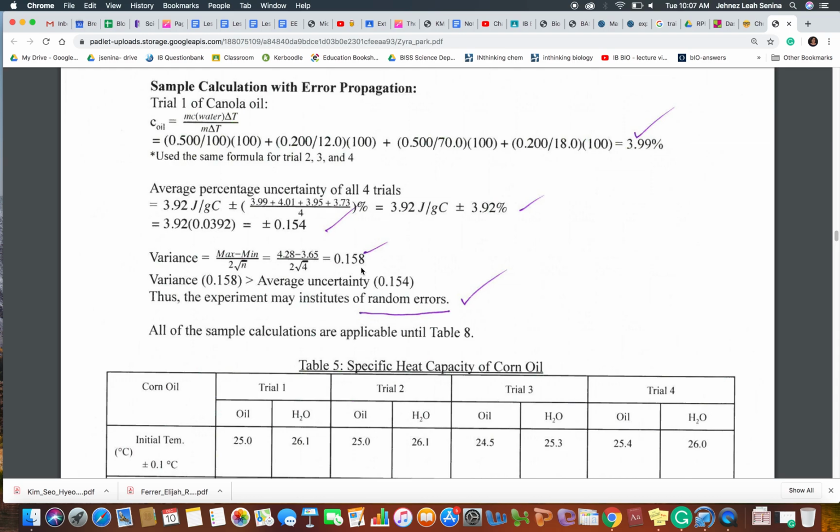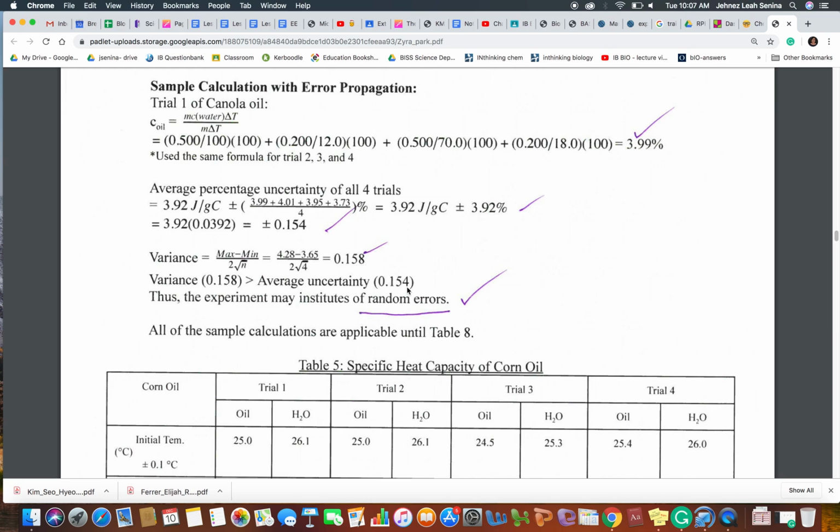It's acceptable. Meaning, if you compare your variance with her calculated propagated error, you can see the acceptable error is 0.158. We got it from our variance. That's greater than your calculated average uncertainty, which is 0.154. Meaning, you're within the window of making a mistake. Do you understand? I hope you do.